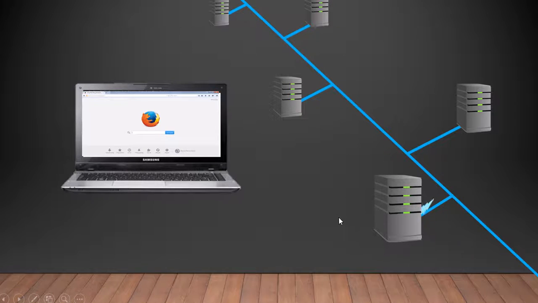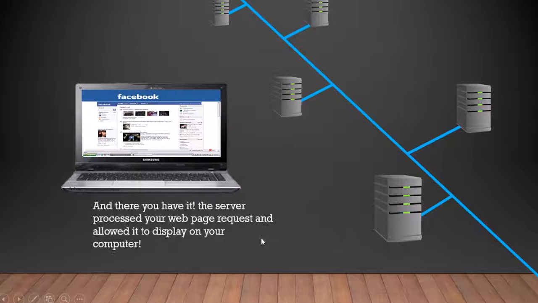So it properly processes that and sends the data back, and it finally reaches our computer. Ta-da! And Facebook appears on our laptop like magic. So that's how server side works. The server does the information and processing for us for it to display on our client or device.